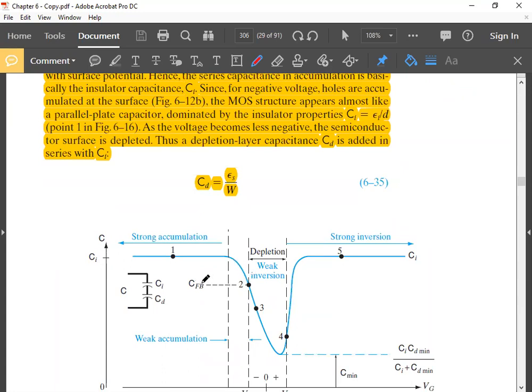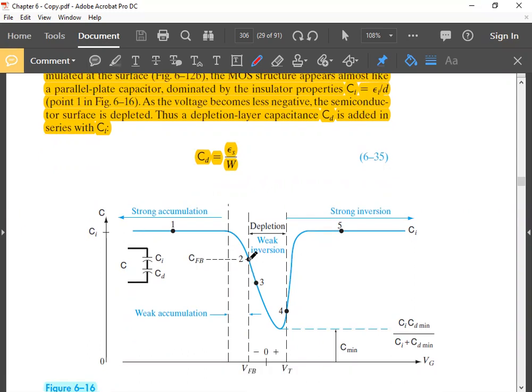Okay. This CFB is the flat band condition. That means the equilibrium condition I showed you above, where all energy levels are flat. Actually, this is supposed to happen at 0 voltage, but because of some other effects, this will happen at some negative voltage, which is called the flat band voltage, VFB.